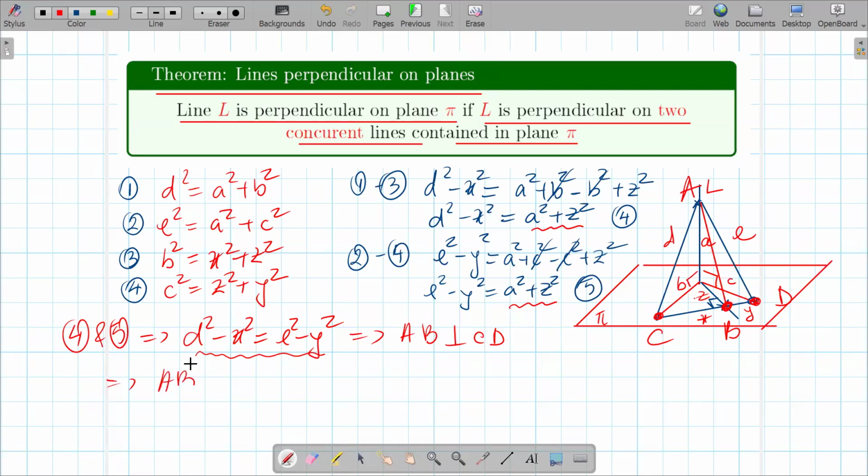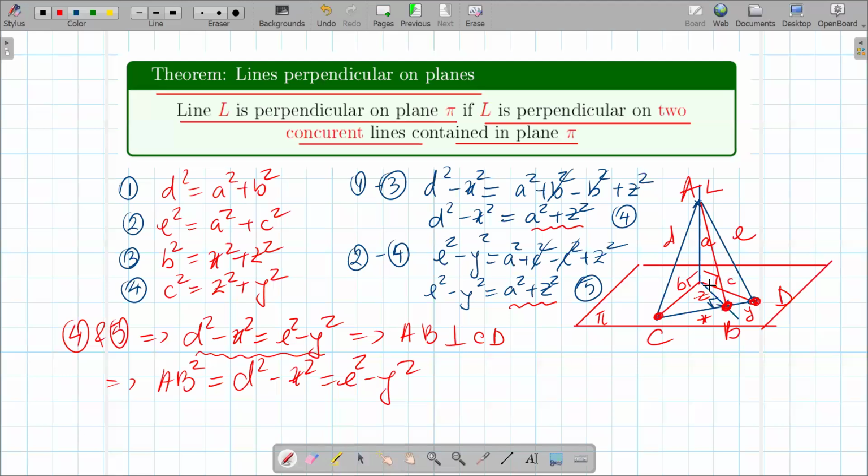So AB squared is equal to, well, again, we've got the right angle at point B. So this is d squared minus x squared. And it's equal to e squared minus y squared, no? Well, how is this useful?